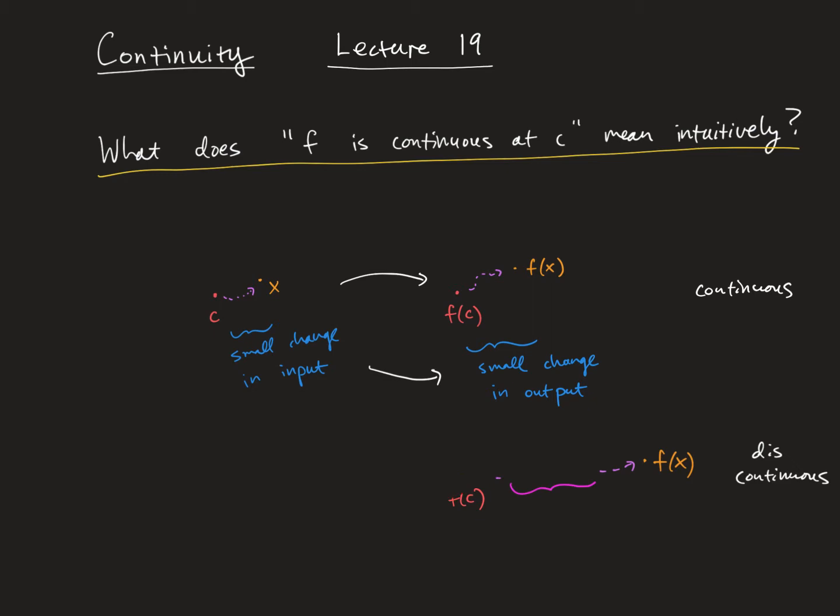So we just have to make a definition out of this intuitive picture. And the key is to focus on the small change in input means small change in output. So what we need to do to make a definition out of it is to quantify these statements about small change.